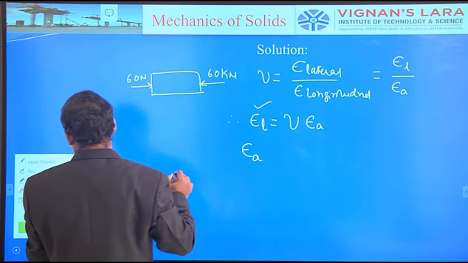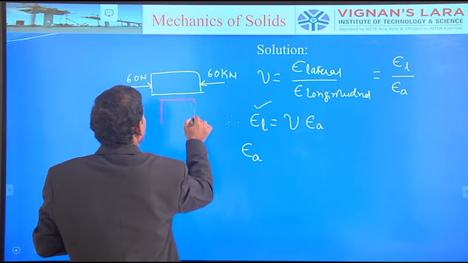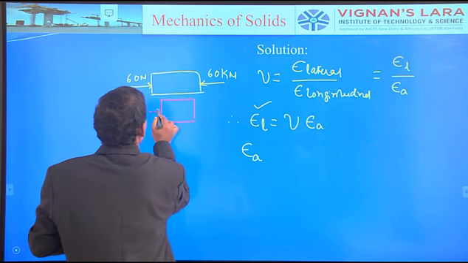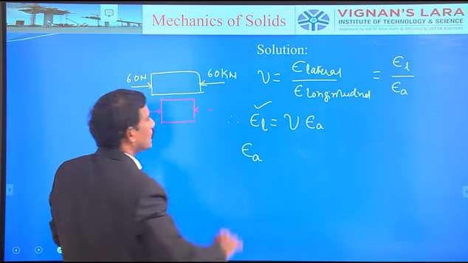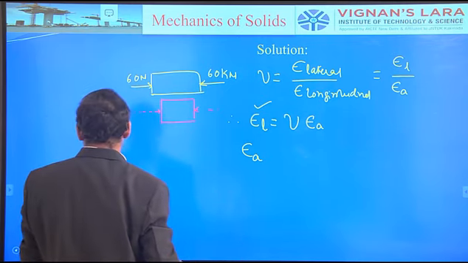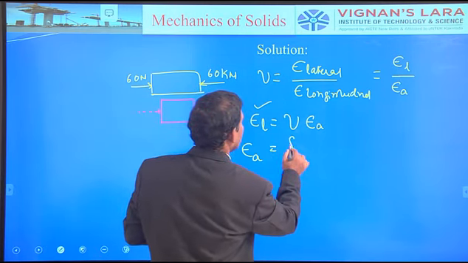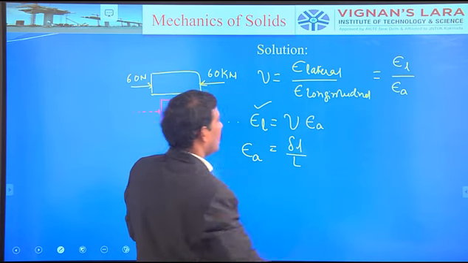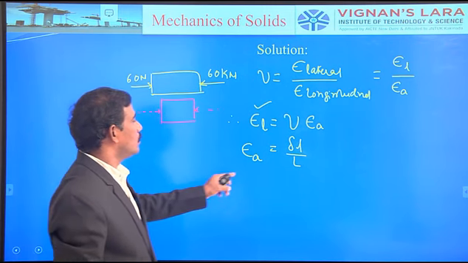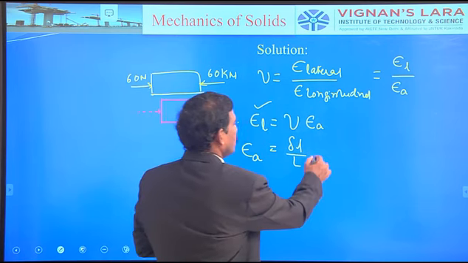The structural member after being subjected to a load of 60 kilonewtons, compressive in nature, has a decrease in length. That is equal to change in length by original length. Before going to that, we know only the value of L, but we don't know delta L. For that, what do we have to do?